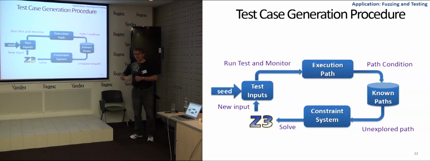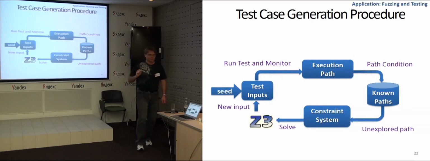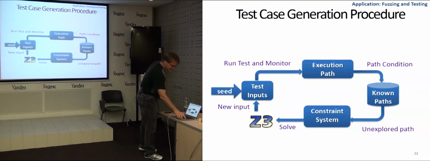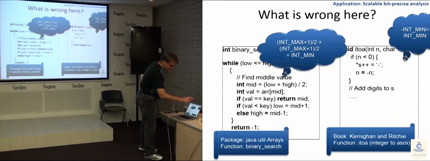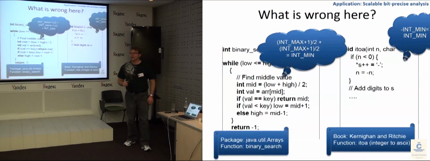And then take one path and see if you can flip a branch condition, so negate one of the branches on the path. If you have an input that satisfies the new path, then you have a new execution coverage. So that's a constraint system, it gets solved, and so it goes around. So that's test case generation.